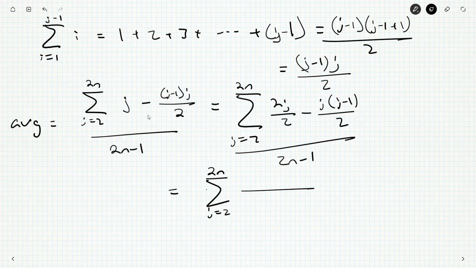Do the whole expression over 2. 2j minus j times j, minus negative j, should be 3j minus j squared, or (3 minus j) times j, all over 2n minus 1.